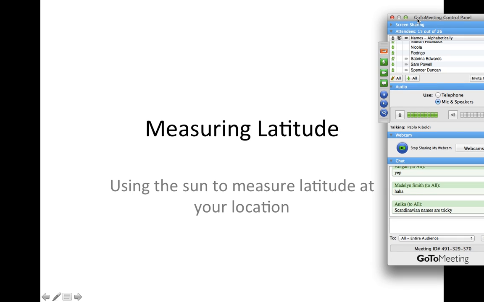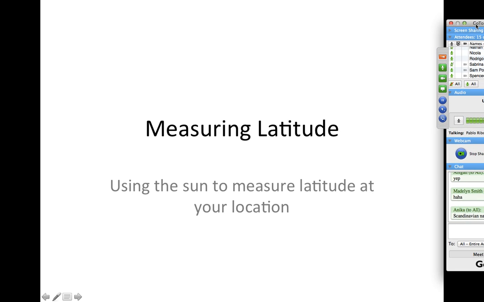Scandinavian names are tricky. Yes, no kidding. All names are tricky, for me especially. Annika seems more like a girl's name, and I'm glad that you sign as Annika now, so I don't have to figure out who's who.